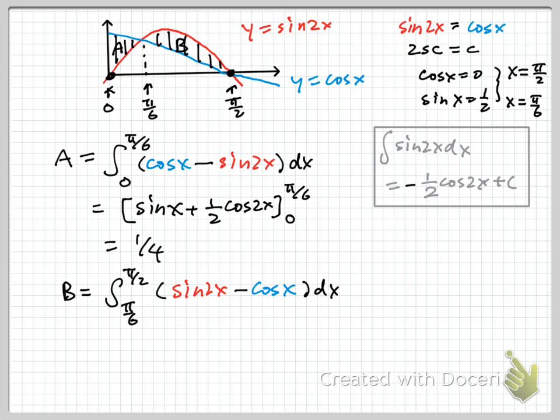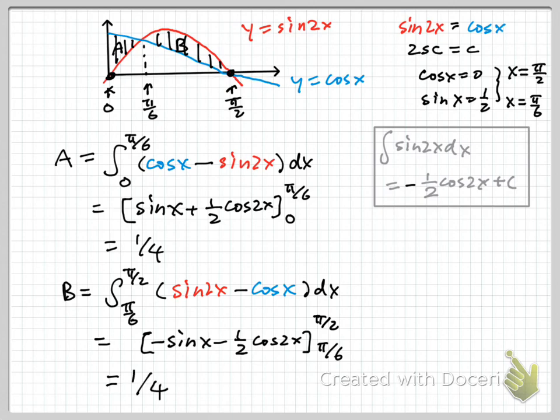Pay attention to the boundary. So in B we have it almost the same: minus sine x minus 1 over 2 cosine 2x, from pi over 6 to pi over 2. If you put back the pi over 2 and pi over 6 into this, the answer is also the same, 1/4.